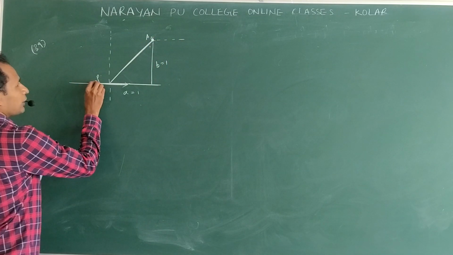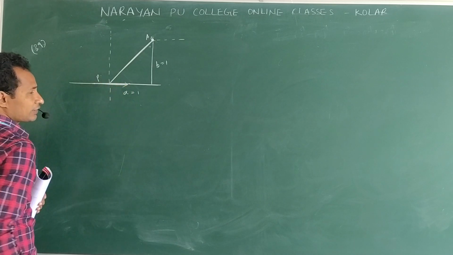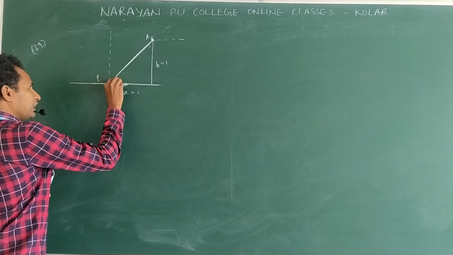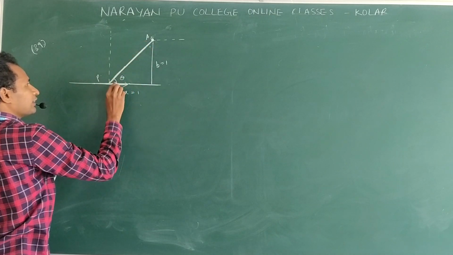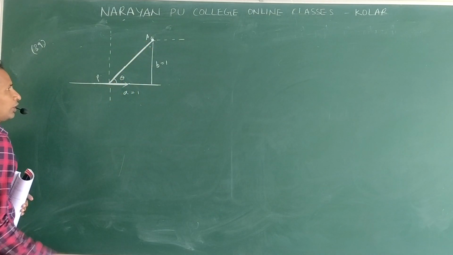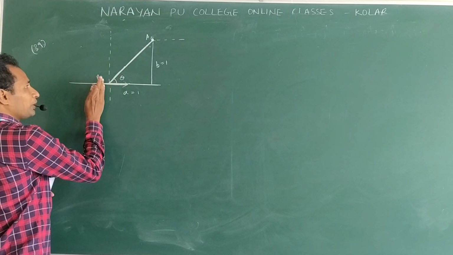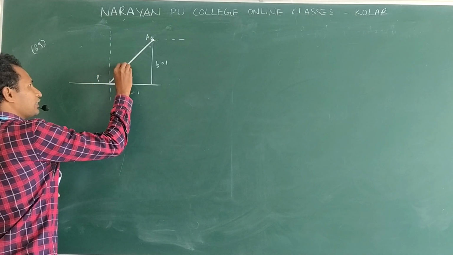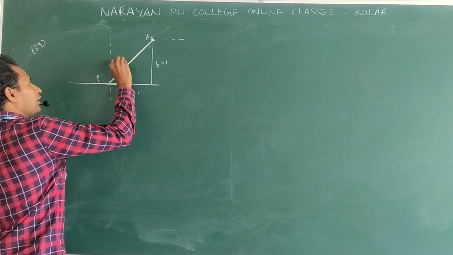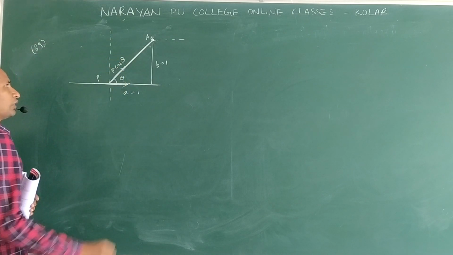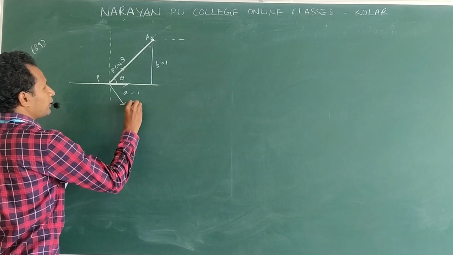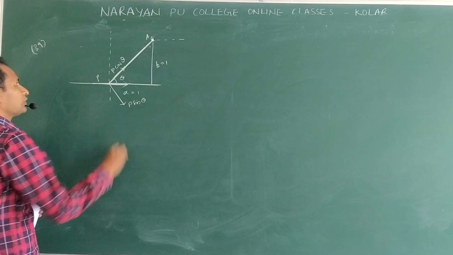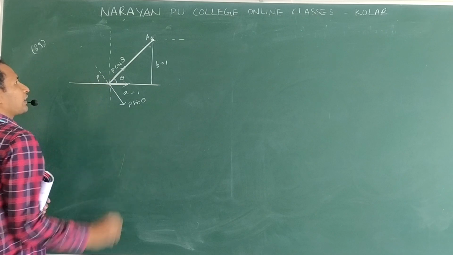See, dipole moment acting like this. If you take it with this position, with this line, angle is theta. Now resolve this P along this line. This would be P cos theta, and perpendicular component, this is P sin theta. You just extend this.